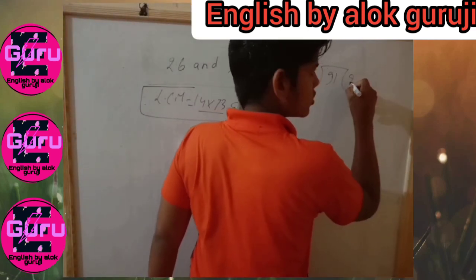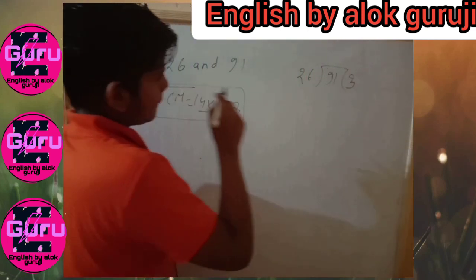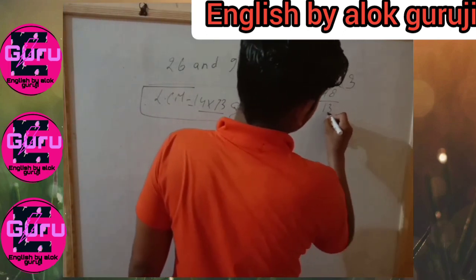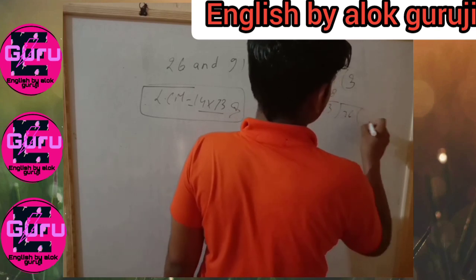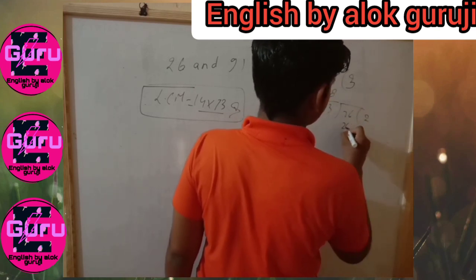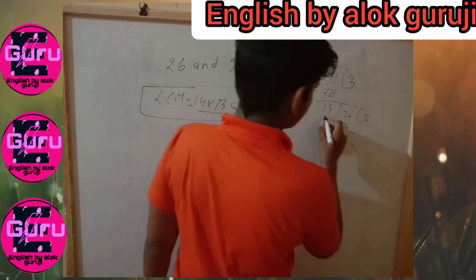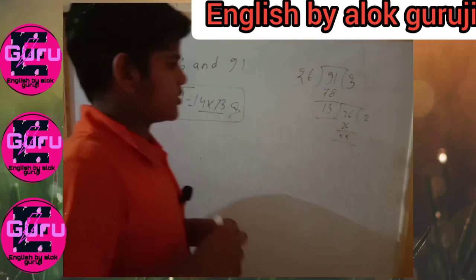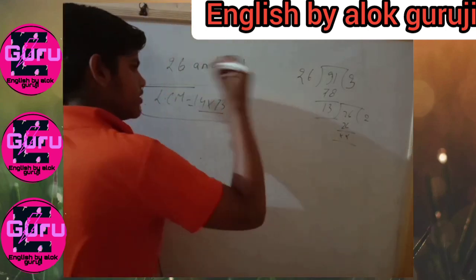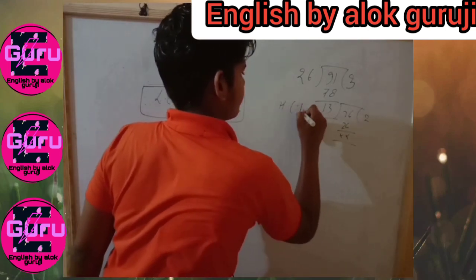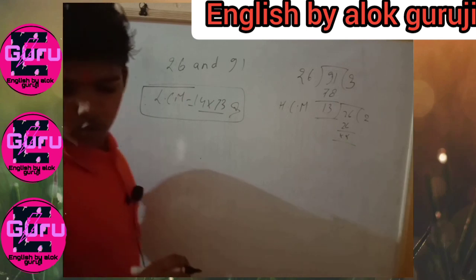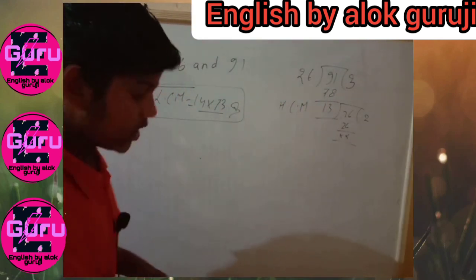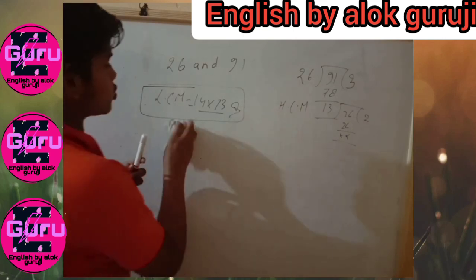No, 3 times. 78, 13, 26, 2, 26, now 13. 13 is your HCF. 13 is our HCF. Now we should prove that LCM into HCF is equal to the multiplication of both the two numbers.